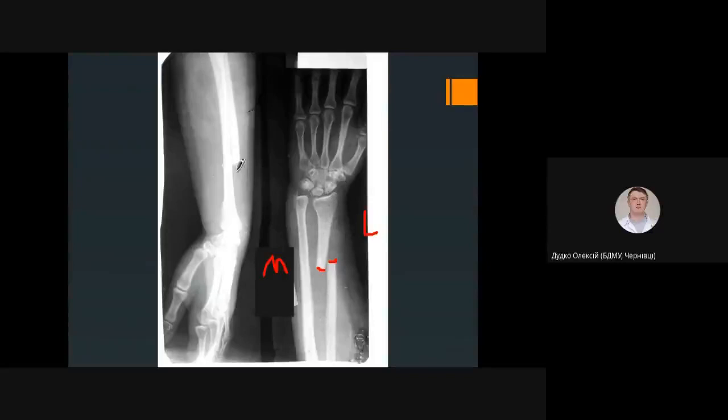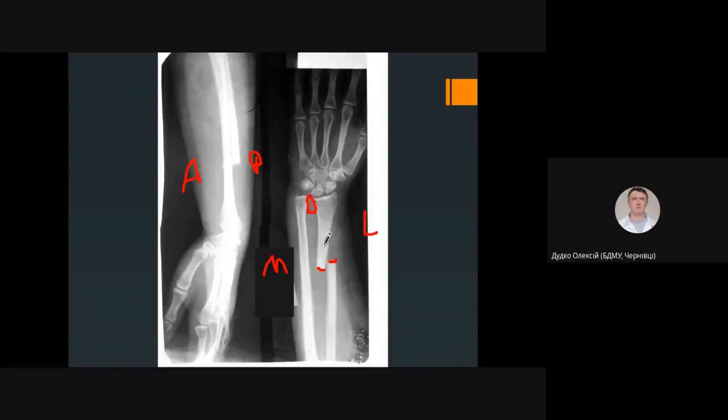If we look at the lateral view, you will see that we have anterior displacement of the radius, as that is the anterior side and that is the posterior side. We also can check the distal radio-ulnar junction, and we see the gap here. So the ulnar bone is dislocated in the distal radio-ulnar syndesmosis.